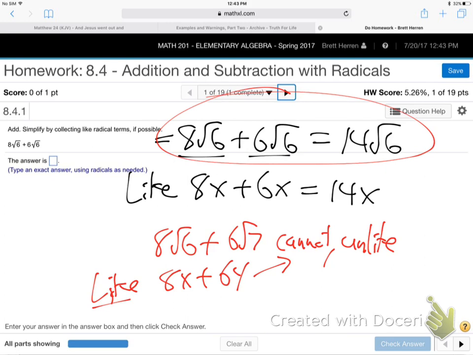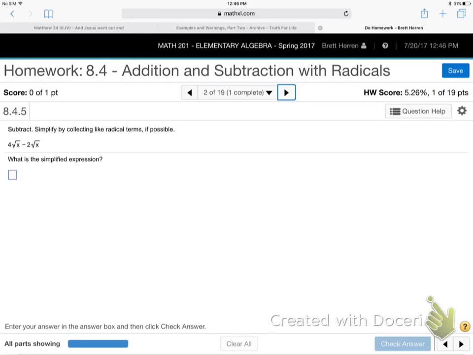All right. Four roots of x minus 2 roots of x. Try that one.